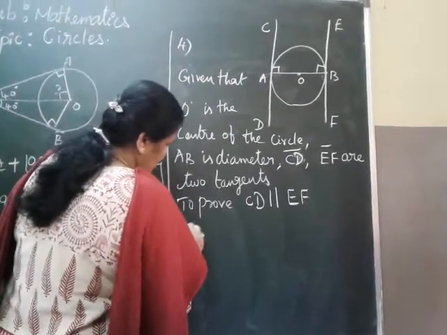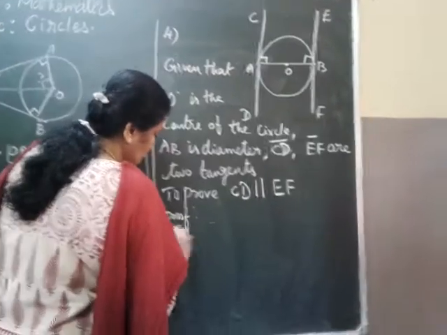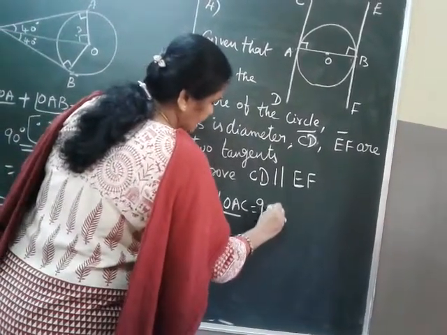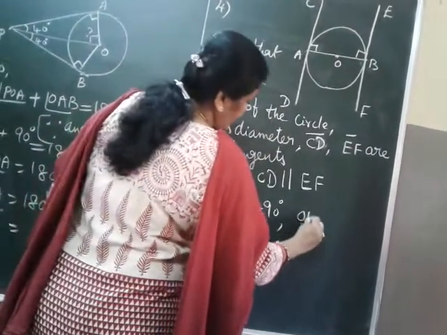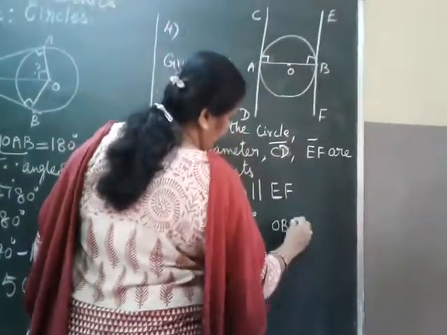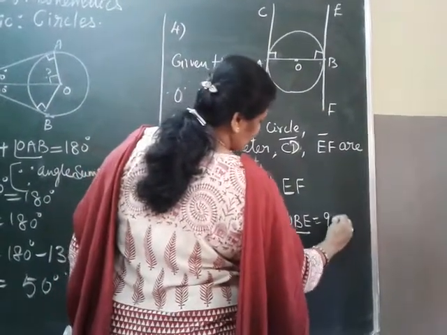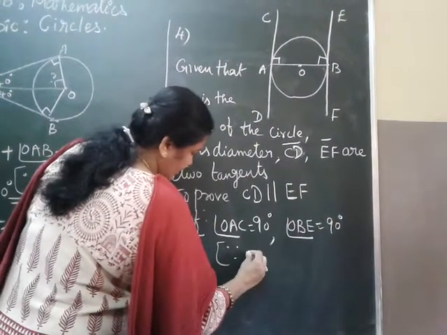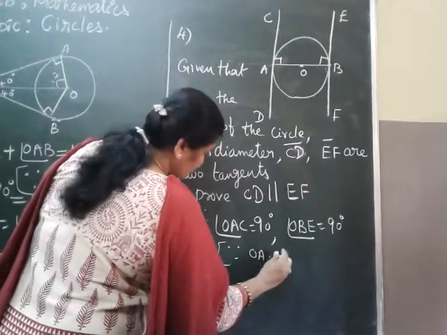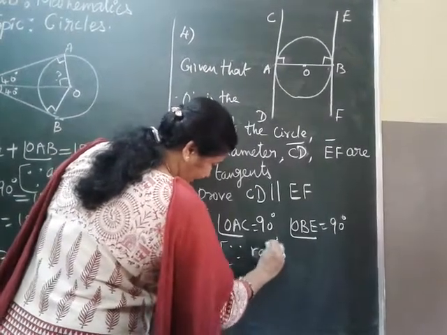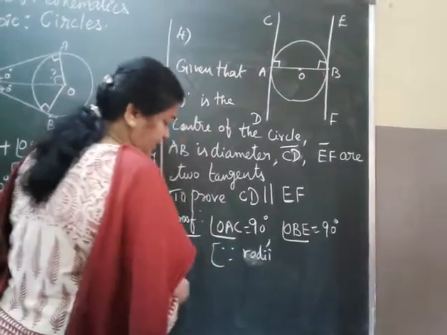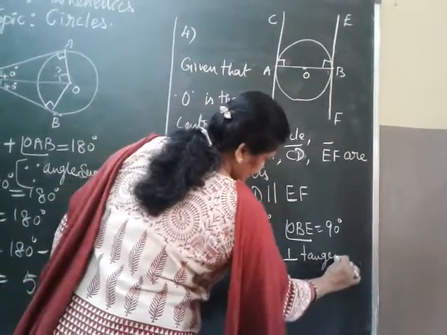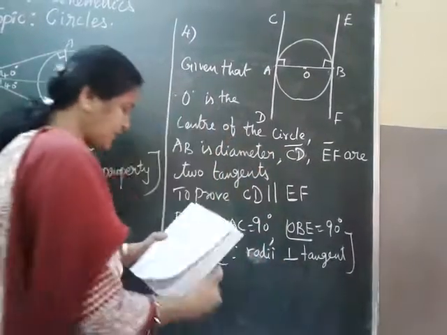So the proof starts here. Angle OAC equals 90 degrees. Angle OBE is also 90 degrees. The reason is OA and OB are radii of the circle, radii meaning the plural form of radius. Radii are perpendicular to the tangent. That is what we already proved.